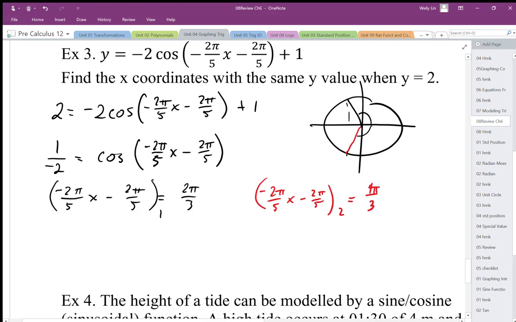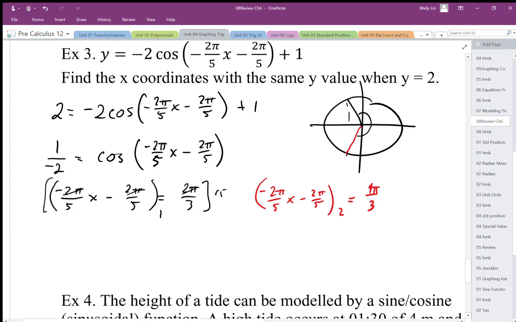Then I solve these two angles. There's theta 1. I'm going to get rid of those 2π's first of all, that's going to make it a lot easier. Then I'm going to multiply by 15 to get rid of the denominator.